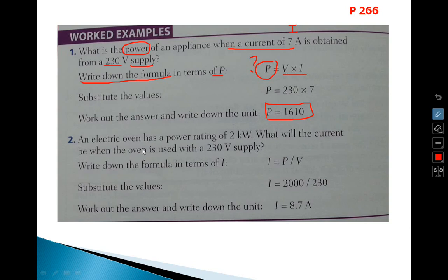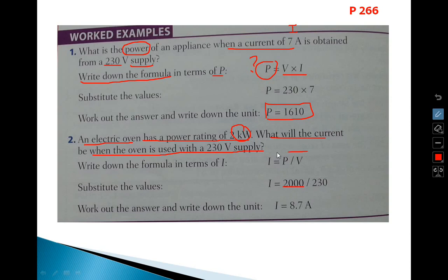Another example here. We have an electrical oven with a power rating of 2 kilowatt. What will the current be when the oven is used with a 230 volt supply? The power is 2 kilowatt, which means 2000 watt. First we need to change it.